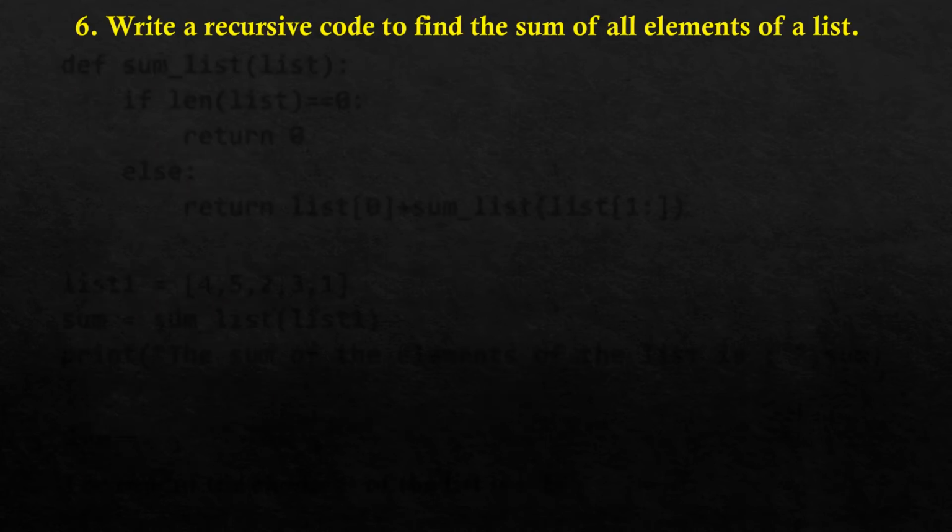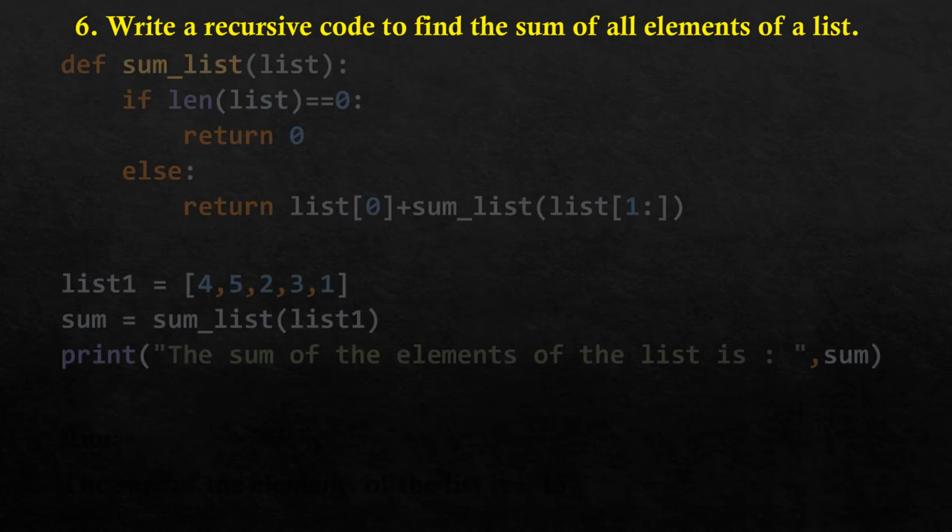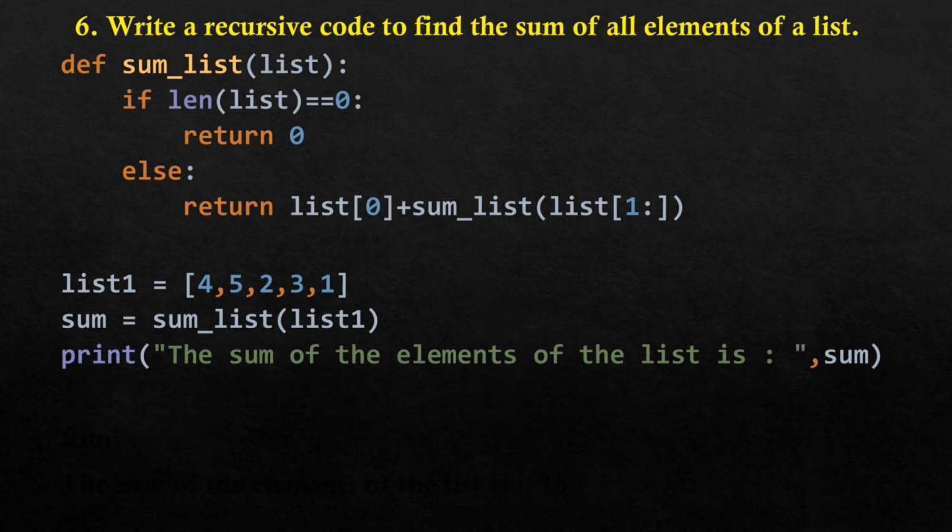Now the next program is to write a recursive code to find the sum of all the elements of a list. Here we have defined a recursive function with the name sum underscore list, and it takes one list as its argument. The base condition is, if the length of the list is 0, then it will return 0.